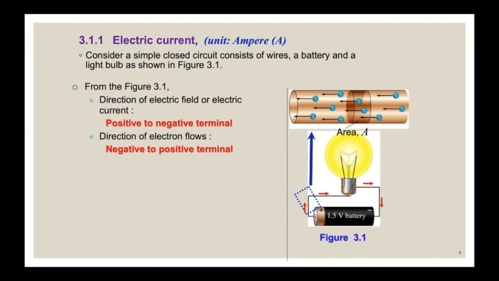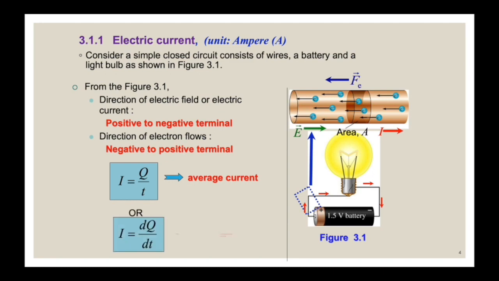It is opposite to the electric field and electric current direction. The equation for current is I equals charge over time, and this is the instantaneous current.